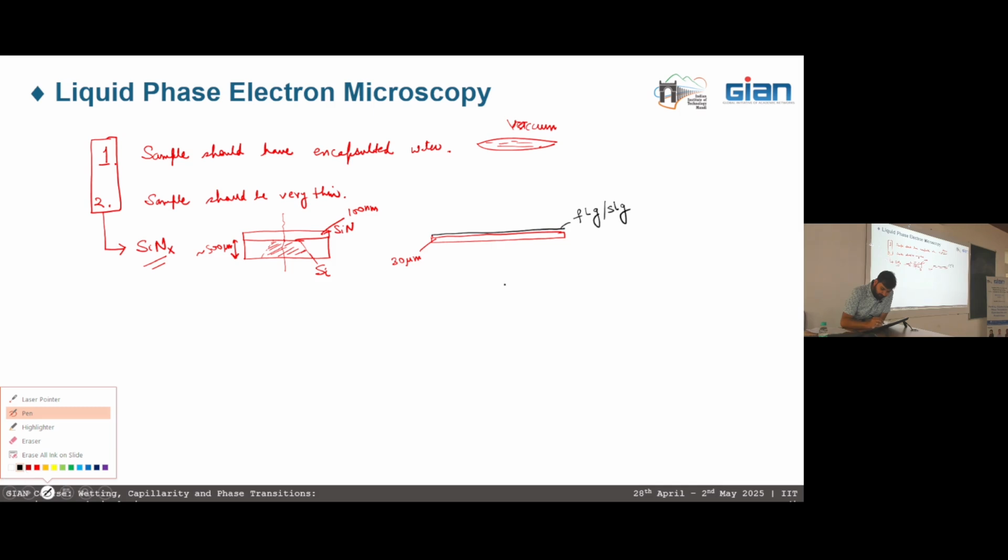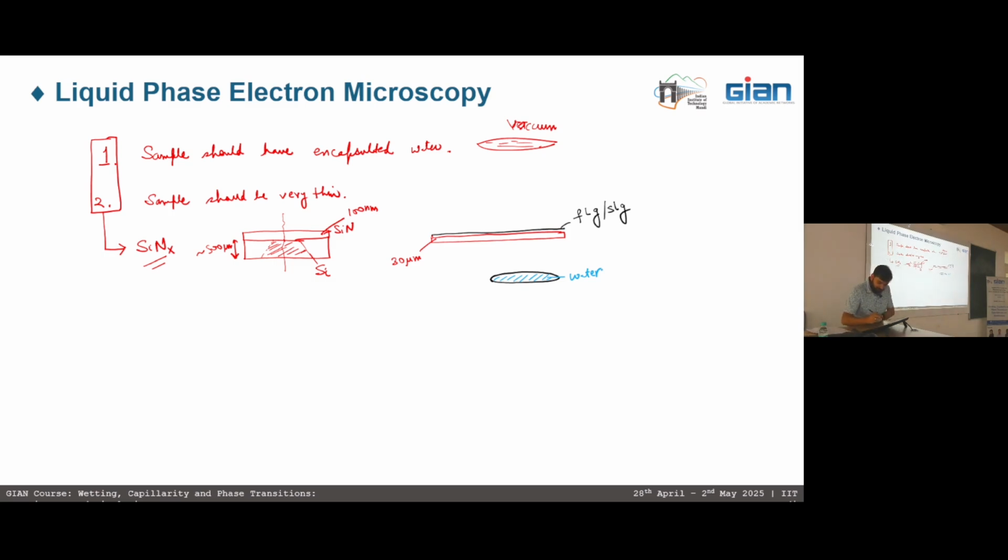Right? And the main thinking here is that if we can in the end make something of this sort, where we have graphene here, and between them we have water. Of course, this is a misrepresentation of how the water is observed. Usually water is present in pockets because these graphene layers have very strong van der Waals forces. So once they stick to each other, they cannot be separated.